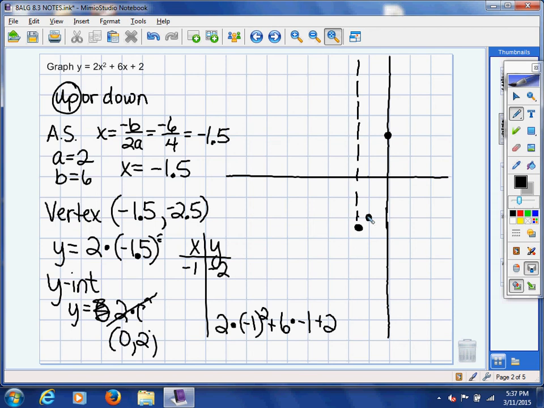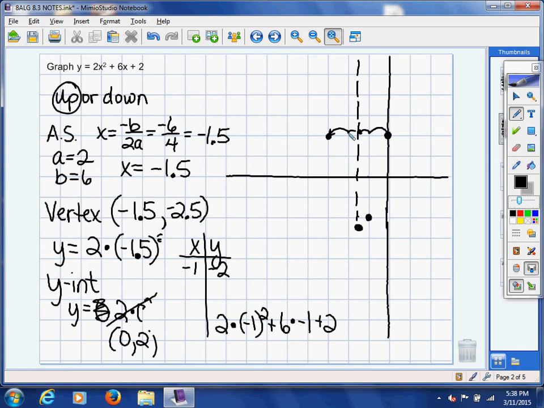The rest of it, I can reflect the other two. Okay, so let's start with the y-intercept. Now notice we are 1.5 units away. So we're going to go 1/2 and a 1 away. That's 1.5. Okay, just like that.